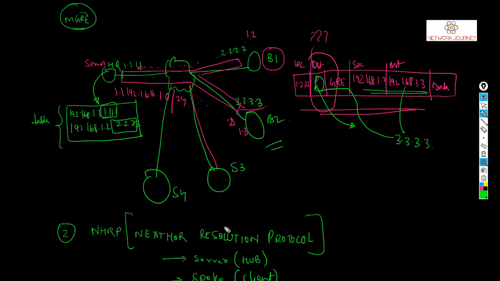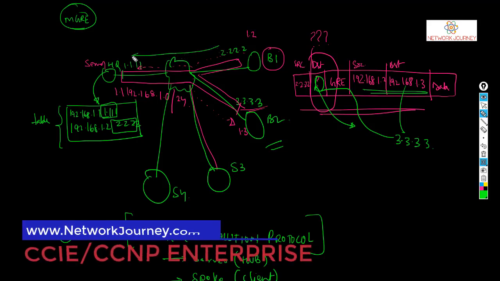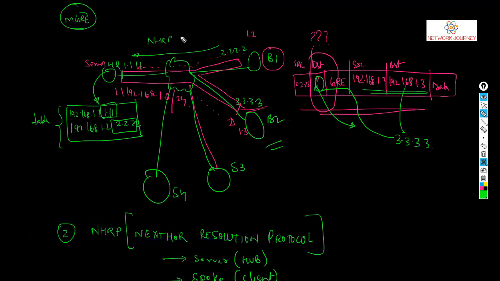What kind of packets are sent, basically? There will be one packet sent to get the resolution, right? We call that the NHRP registration request.